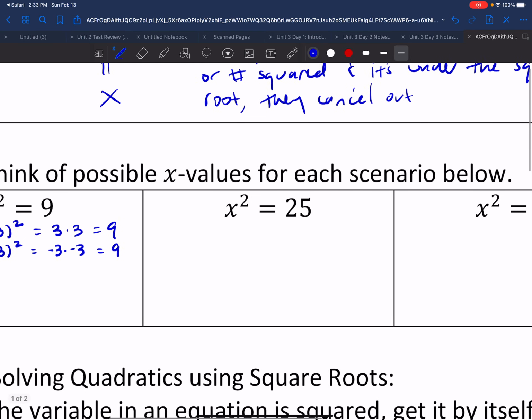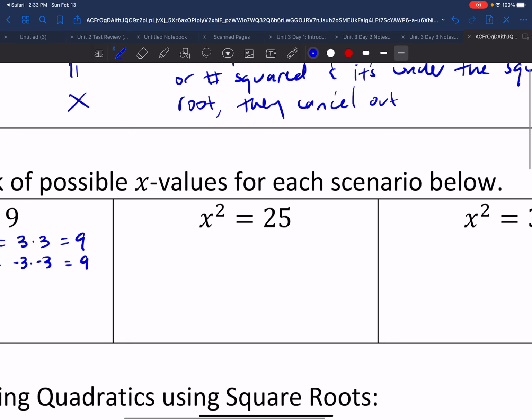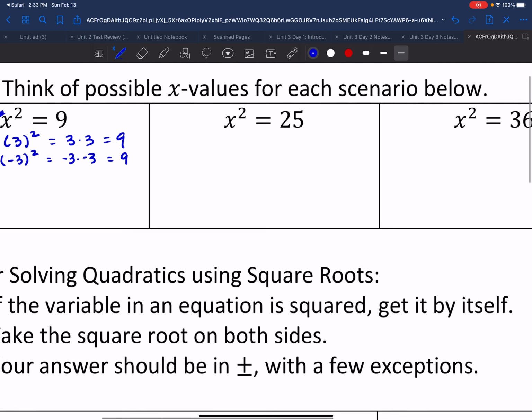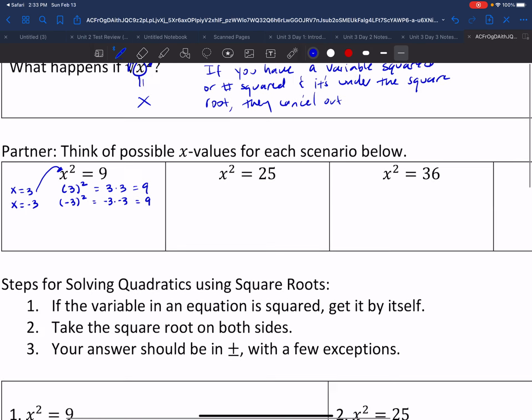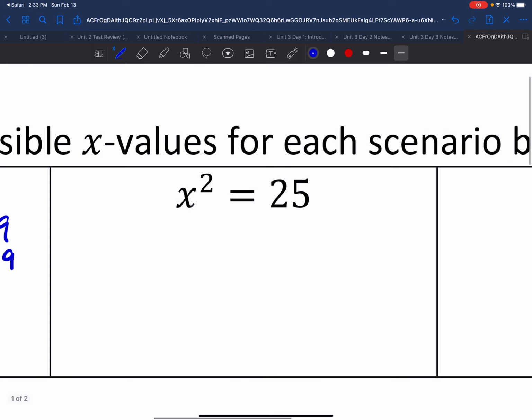Let's do x squared is equal to 25. Well, we take the square root on both sides. Actually, I shouldn't go into that yet; taking the square root is something you'll be doing after we do all this. But thinking of values, something squared is going to give me 25. It's just going to be plus and minus 5. x is equal to positive and negative 5.